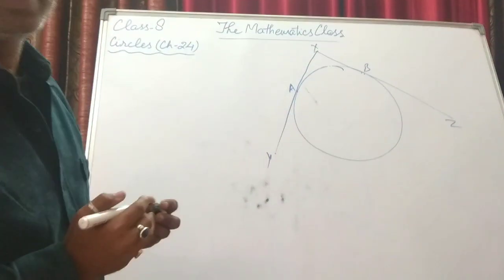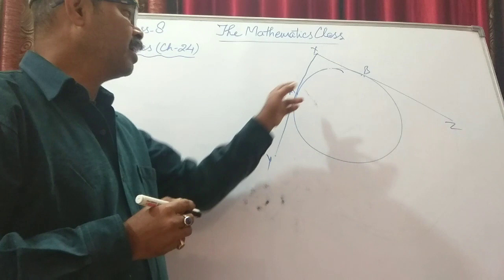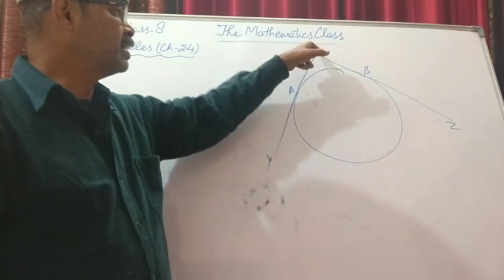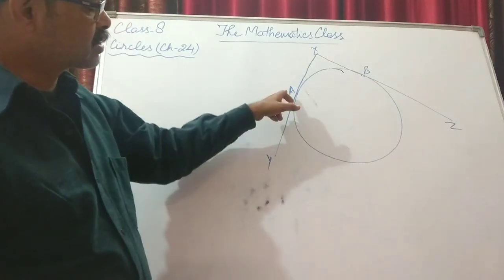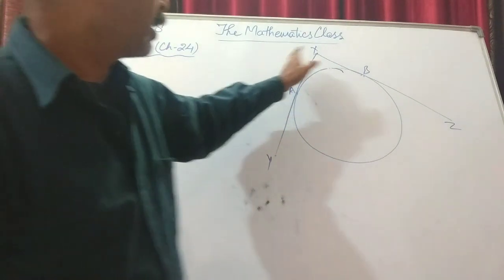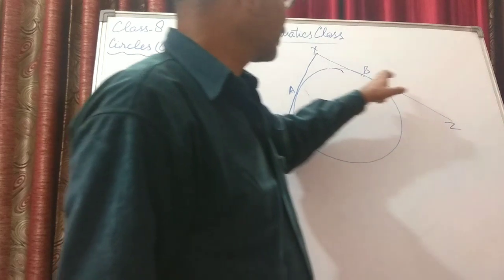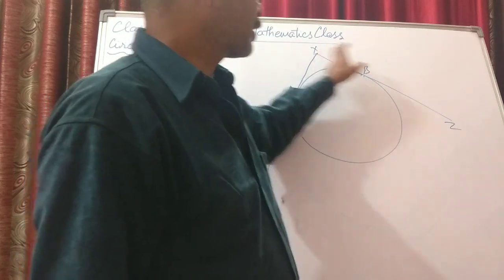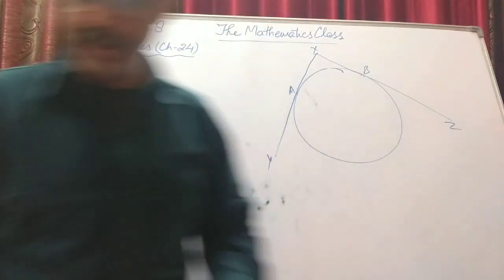Tangent is a straight line which touches the circle at any one point. You can see this XY line is touching the circle at one point, that is A. So XY is a tangent. Similarly, XZ line is touching the circle at point B. So XZ is another tangent.